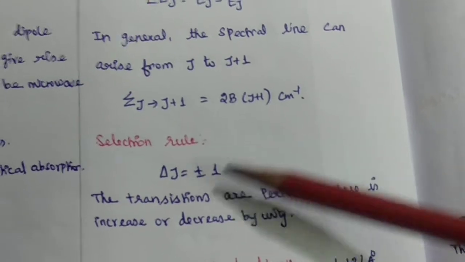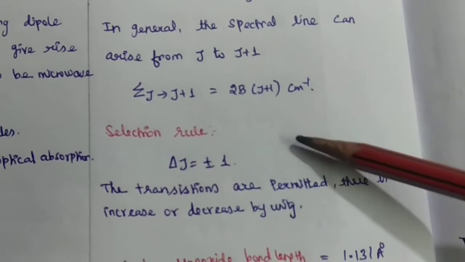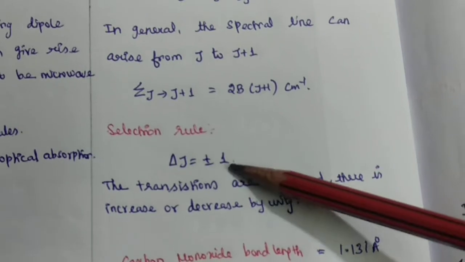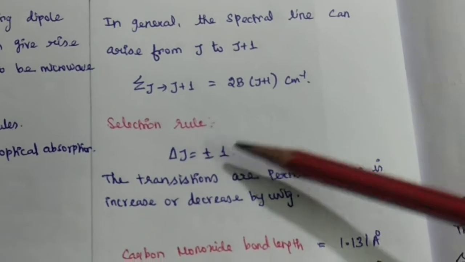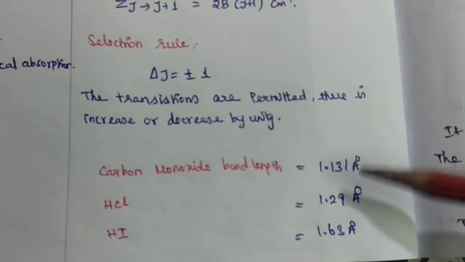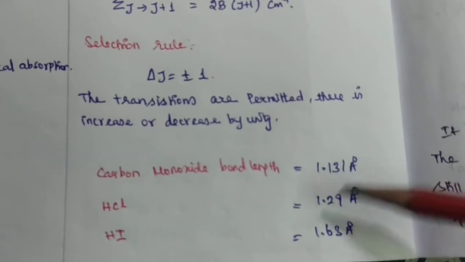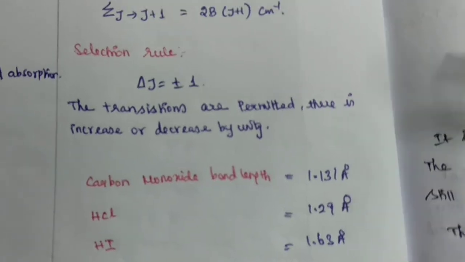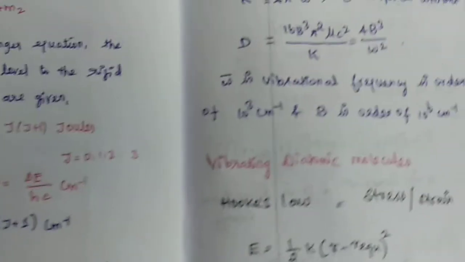In diatomic molecules, delta J is equal to plus or minus 1. Okay, so the transition increases or decreases by unit 1. In this case, the bond lengths of carbon monoxide, HCl, and HI are also most important. These are repeatedly asked questions. Okay.